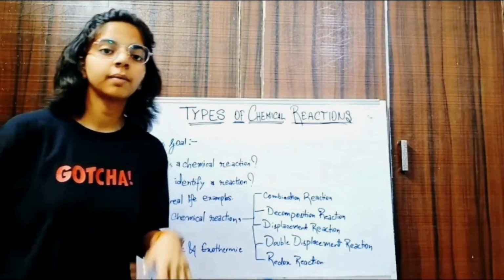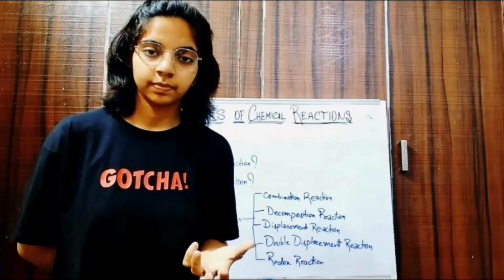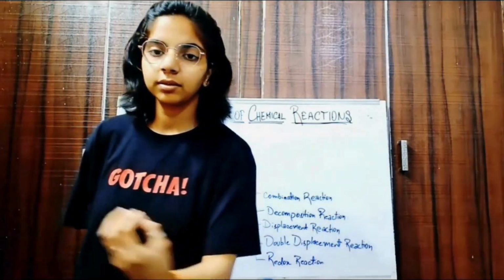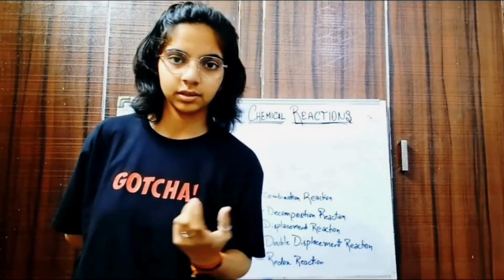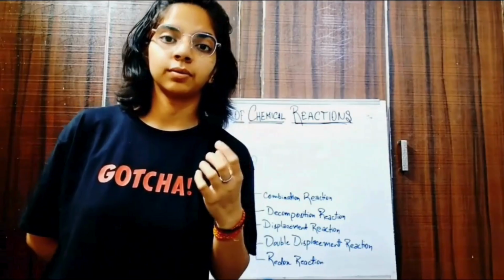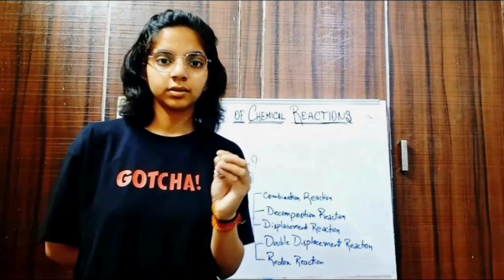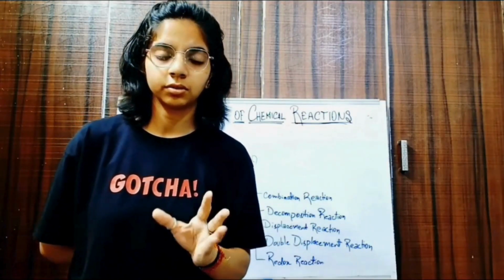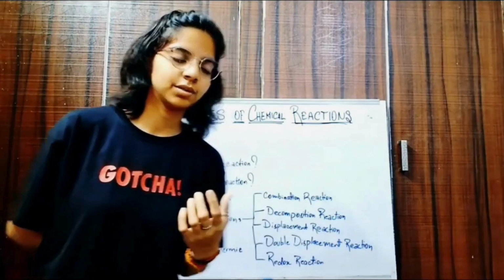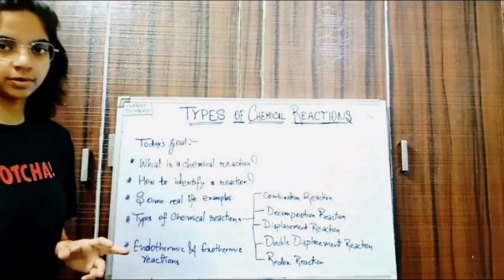When any substance is undergoing any change, how will you say whether it is undergoing a physical change or a chemical change? What are the factors, the parameters, needed to say whether the substance is undergoing a chemical change or a chemical reaction has taken place? Then we will understand some real life examples.